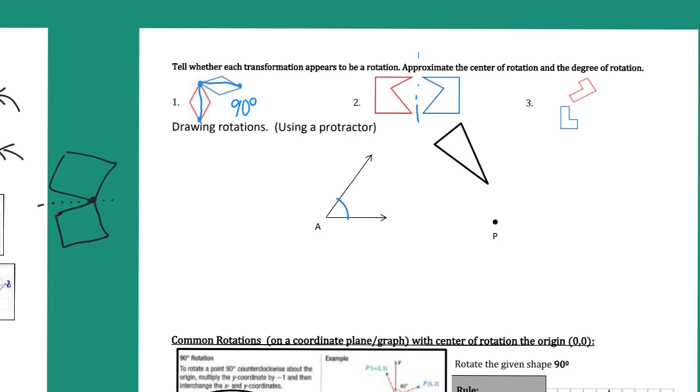But if you don't have tracing paper, we're trying to use a protractor. Again, I'm not going to ask you to do this at all, but how you would do it is you would measure this length to here. And if you knew this degree right here, you would go left that angle using your protractor, and you would make a new point equidistant from this point.